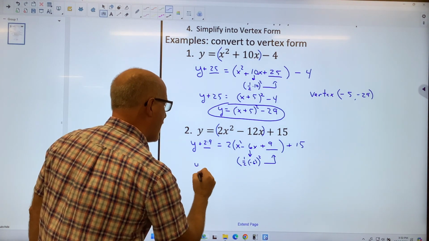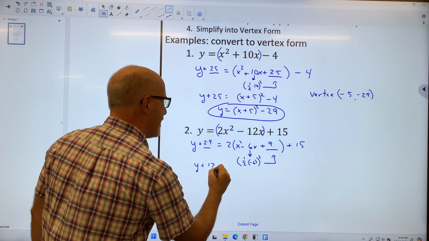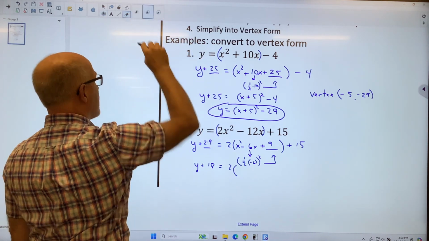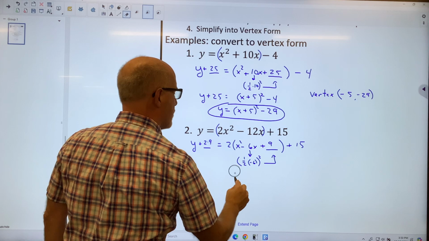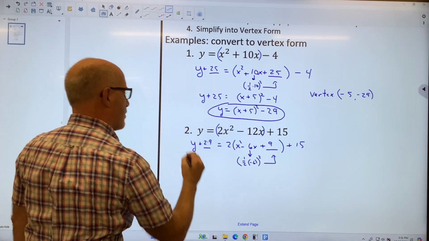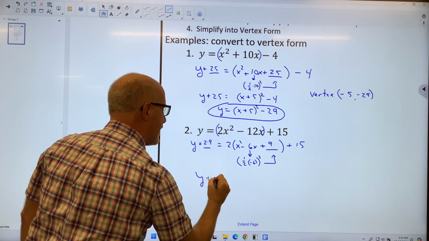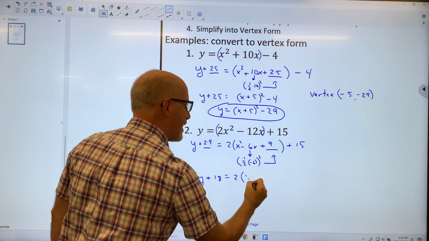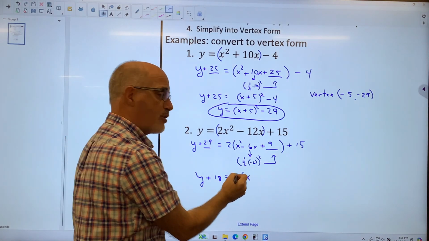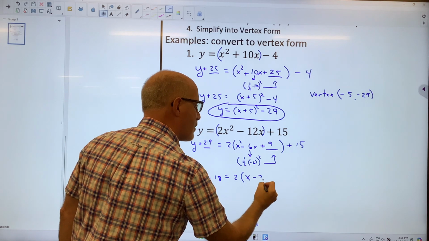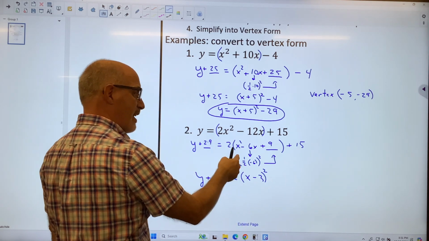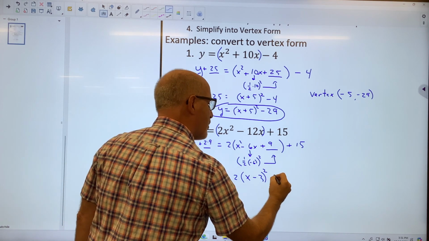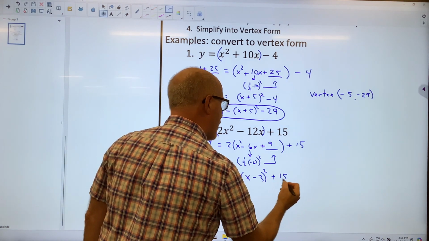So I'm going to have y plus 18 is equal to 2 times, and here I'm going to have x, half of the negative 6 was a negative 3, that's what goes in here as the squared. That's what this factors into, is x minus 3, plus the 15. And then what do I do last?